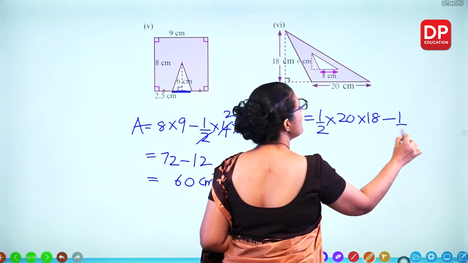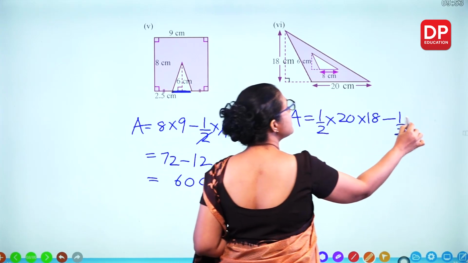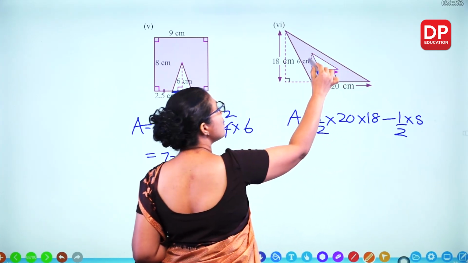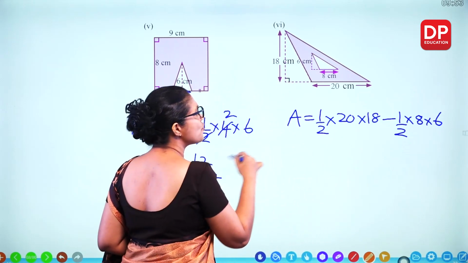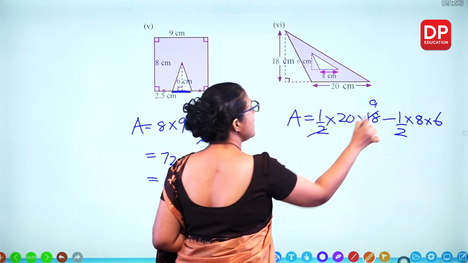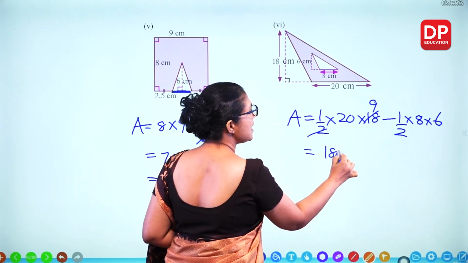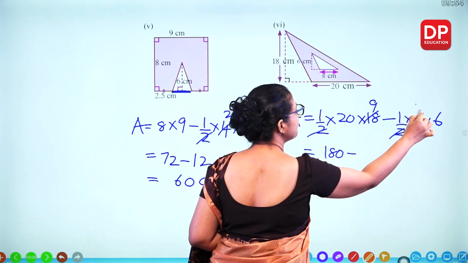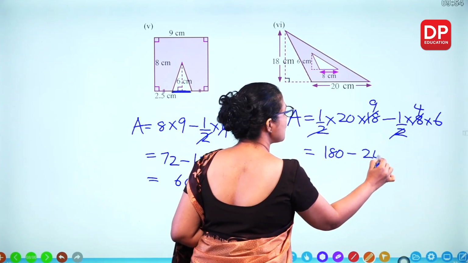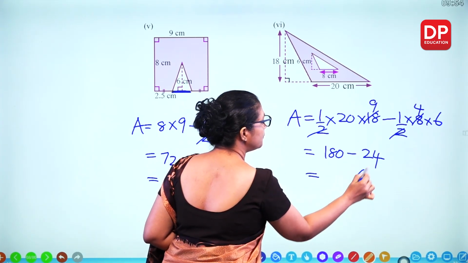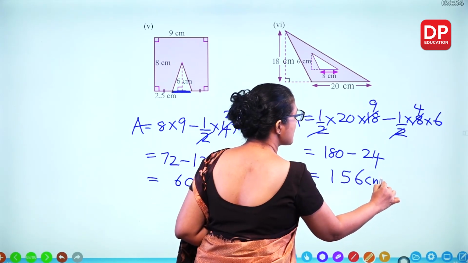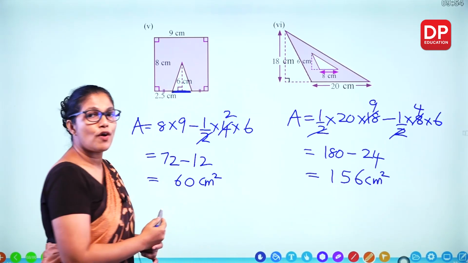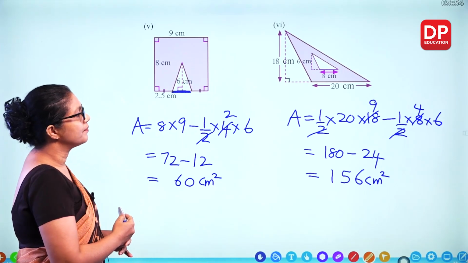Half into base length 8 and the perpendicular height is given 6. So subtract 2 times 9, you get 180 minus 24. 156 square centimeters for the shaded region.